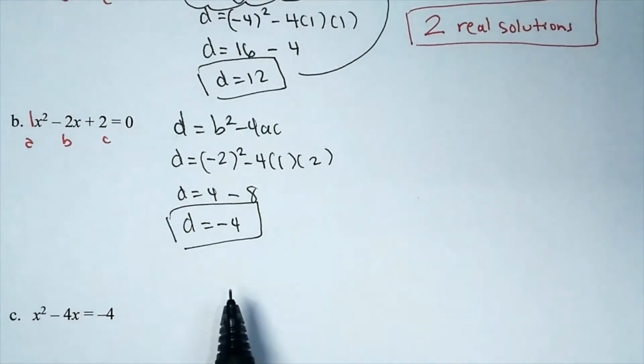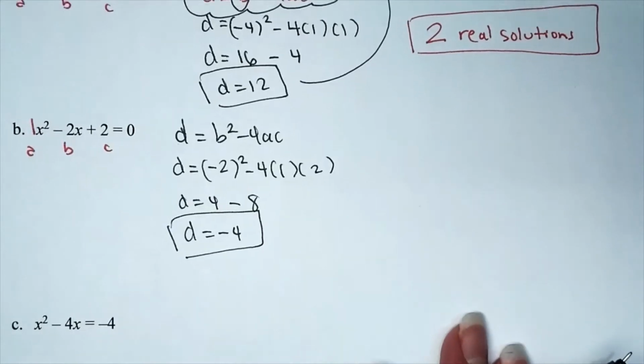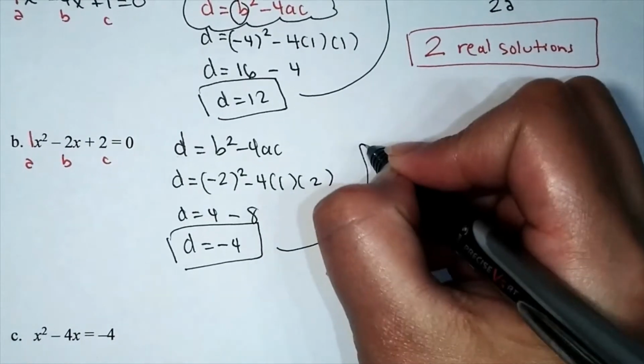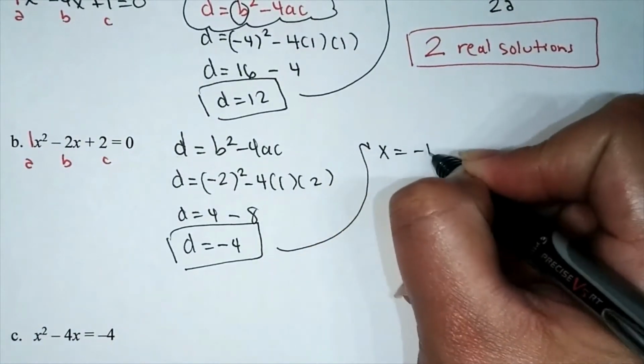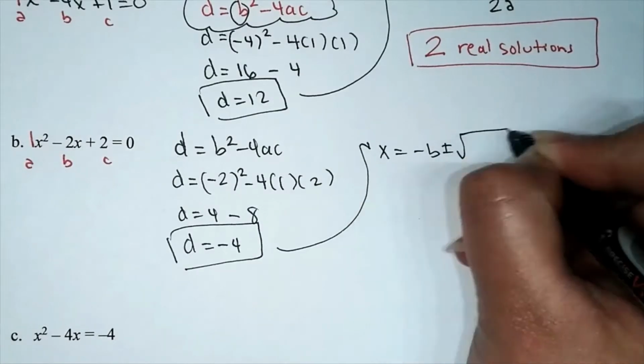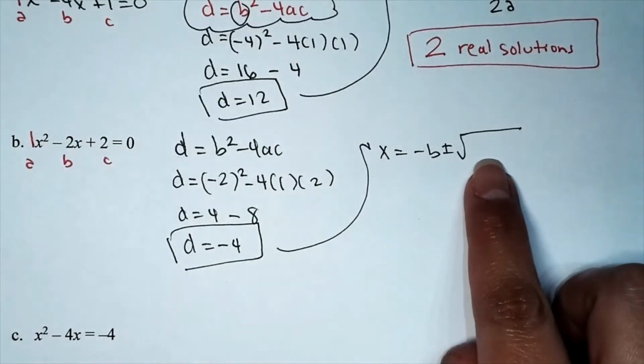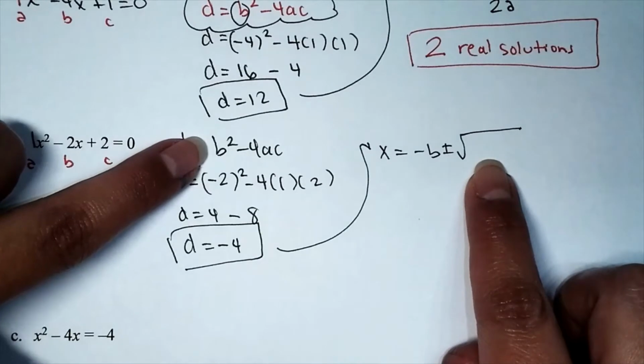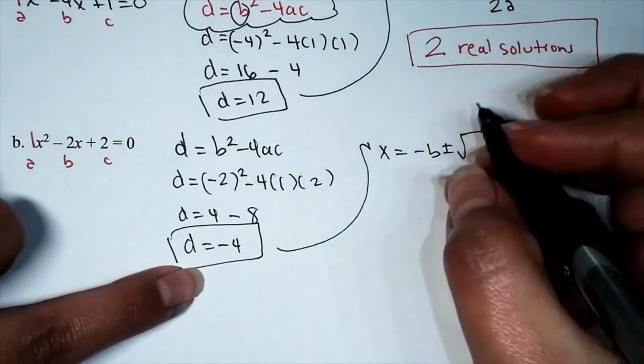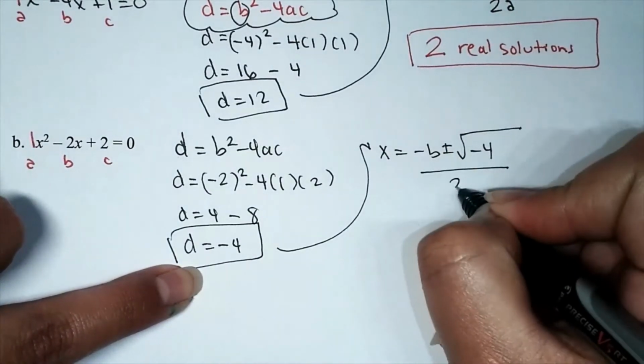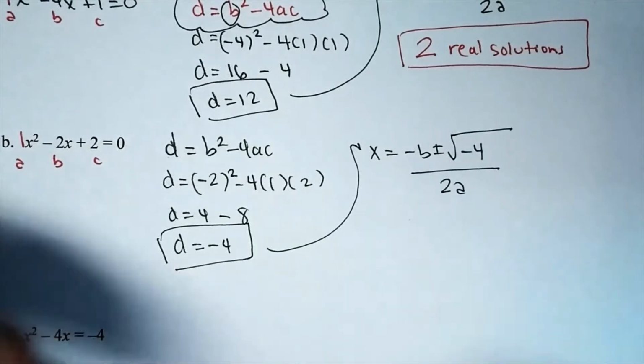Now we want to use the discriminant to tell the reader how many solutions and what kind of solutions we expect to have. From the quadratic formula, we have x equals opposite b plus or minus the square root of b squared minus 4ac, but we just found out that b squared minus 4ac is negative 4, and that's all over 2a. So let's point out the facts.